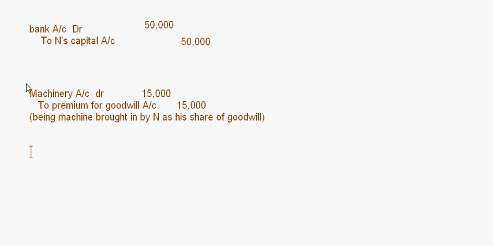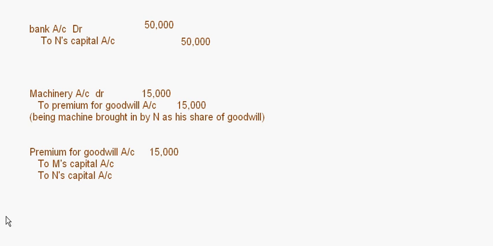Okay. Now this 15,000 is your premium for goodwill, and this is going to be distributed in the sacrificing ratio. So premium for goodwill account 15,000 to M's capital account and to N's capital account, right? So this is 15,000 divided in the ratio of 2:1, right?